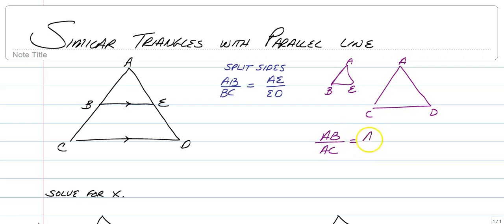And then you would have AE over AD, which is little right over the big right. And then, of course, you would have the BE over CD, which would be the bottoms of the two triangles, the little one and the big one. So it's important to know that you can only split the sides and have a ratio. That will have nothing to do with the bottoms.